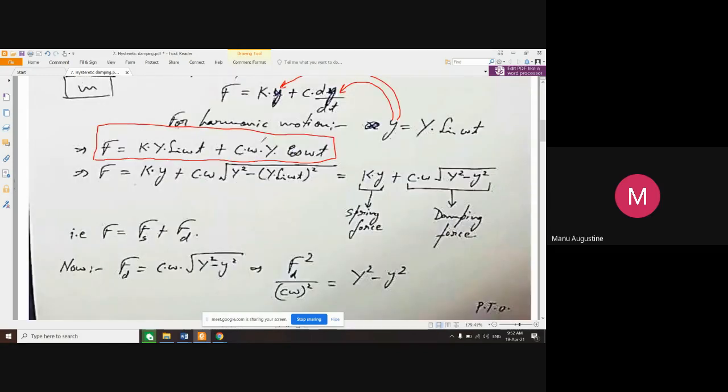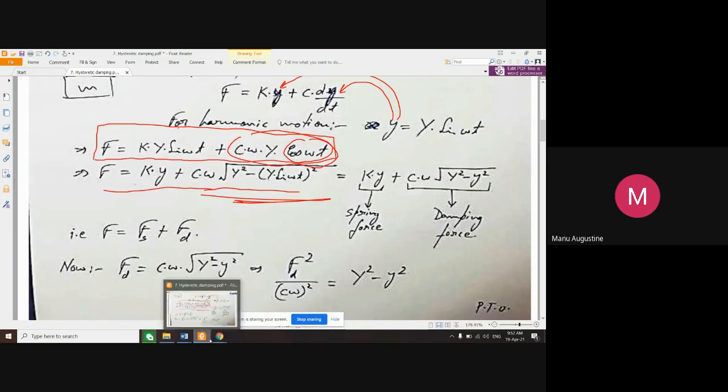Now, here we are converting this cos omega t into a different expression. Let me simply explain. I have done this in one single step. So if there is some confusion how this particular step came to be, I will tell you. See, this term is c omega Y cos omega t, right?